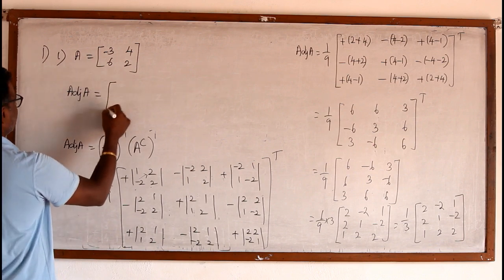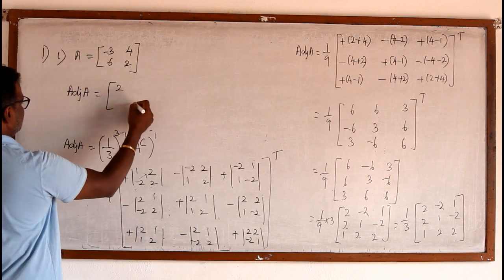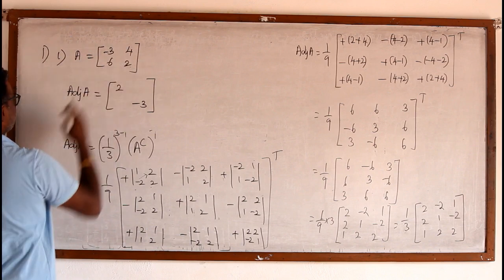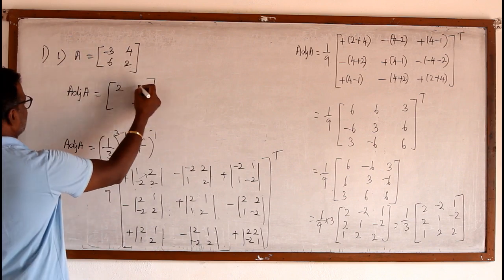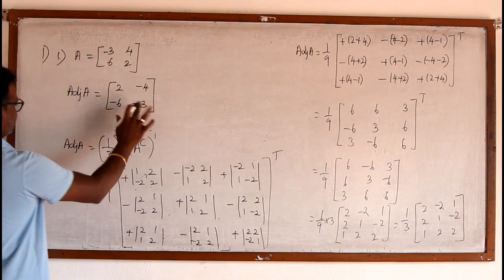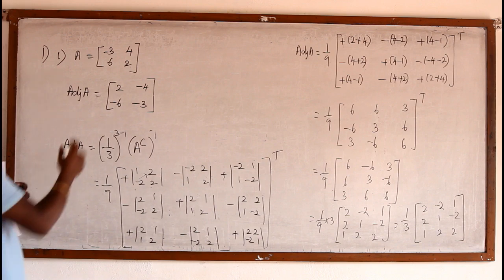This is the main diagonal, isn't it? Just interchange these numbers, this will become 2 minus 3. Now don't change the other numbers, but change their sign only, that is plus 4 will become minus 4, plus 6 will become minus 6. That's all. This is the adjoint, straightly: 2 minus 4 minus 6, 3.